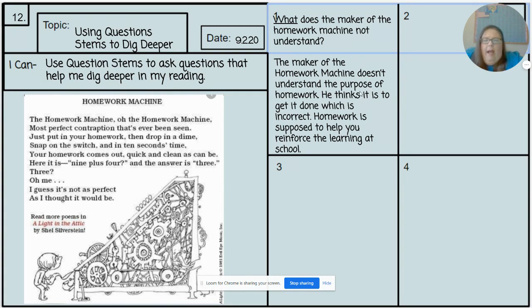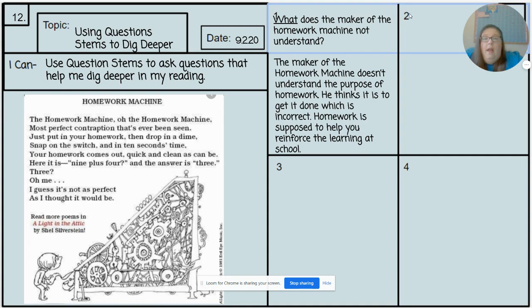So you see how I've answered the initial question that I had on the previous slide. Now, when you ask questions and come up with a conclusion for Backward Bill, you're going to write it in section 2.